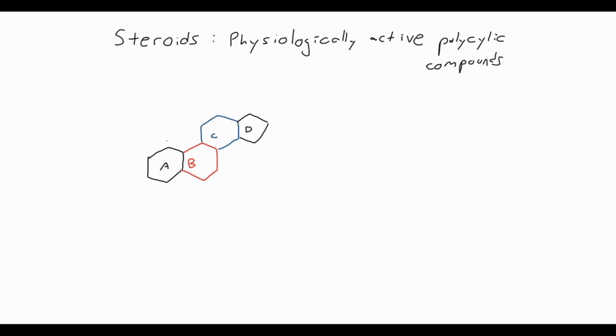And a lot of steroids also have these substituents. So I'm going to draw in a few of the most common substituents that we see on a lot of very common steroids. So we usually have a methyl group there, and some sort of either alcohol or ether there. We'll talk about those functional groups as well later.